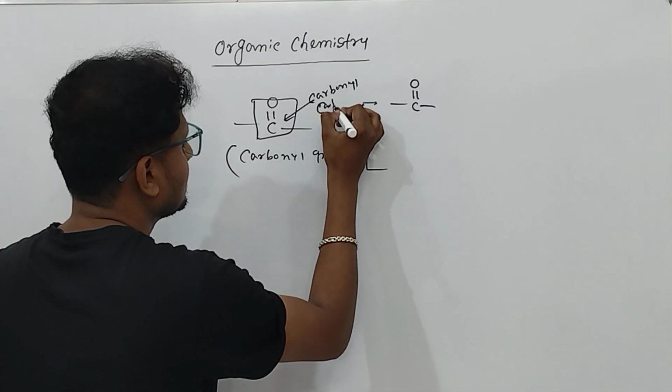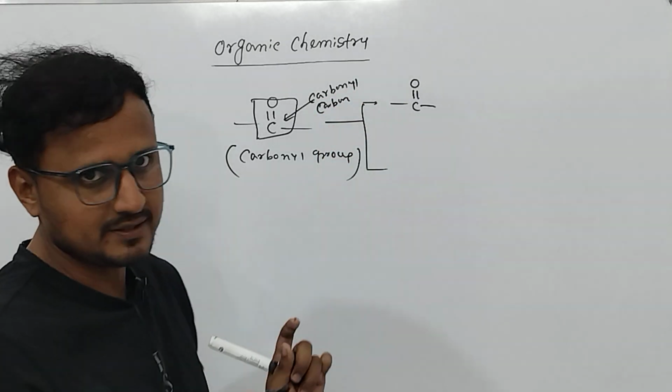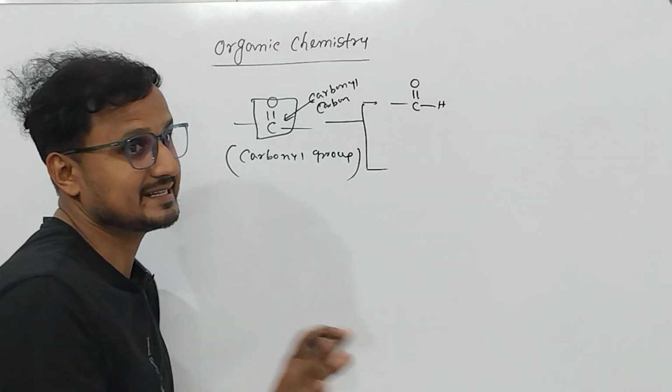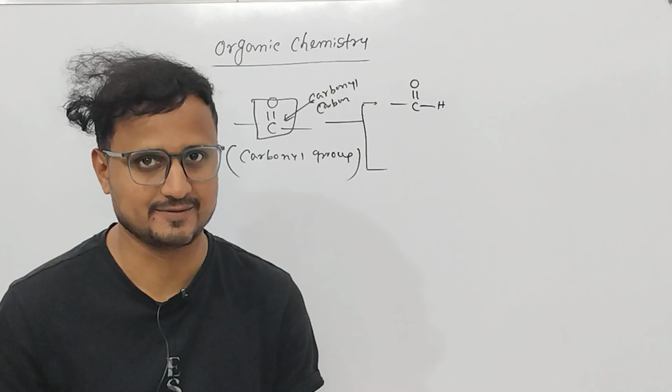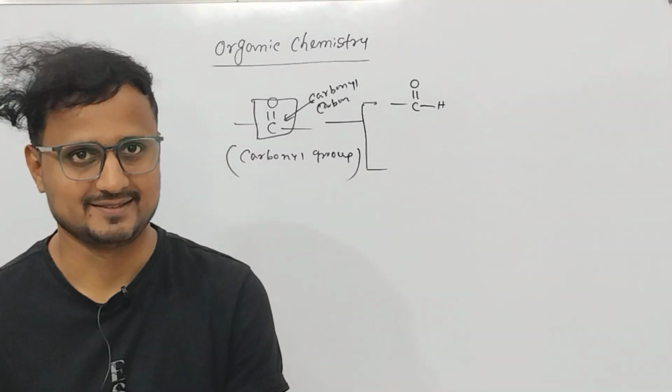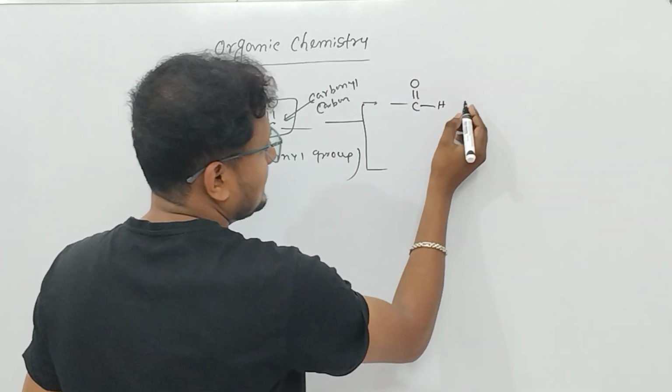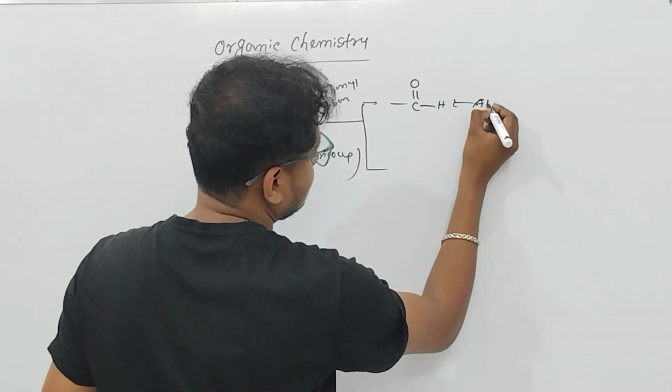Now with this carbonyl carbon, if at least one directly attached hydrogen is present, then it will be an aldehyde. So this one, C double bond O and H, is called an aldehyde.